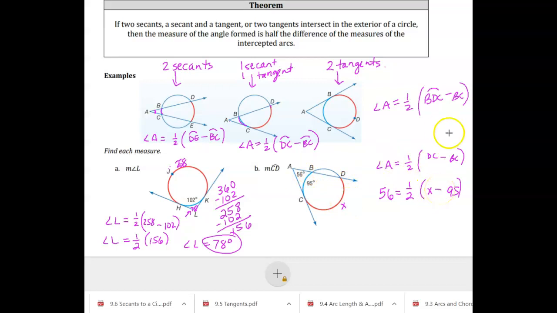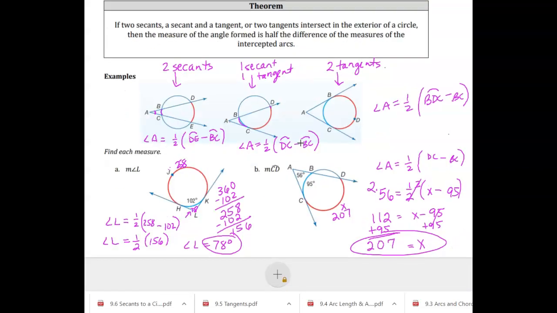To solve this, once again, we'd multiply by 2. So 112 is equal to x minus 95. We'll add 95. So x equals 207. It looks a little bit more than half a circle, but trust your math. All right, go ahead and give your practice problems a try, and good luck.